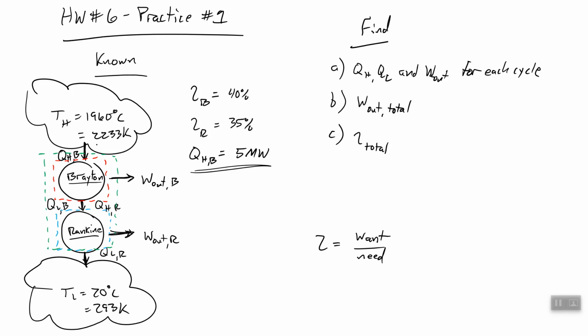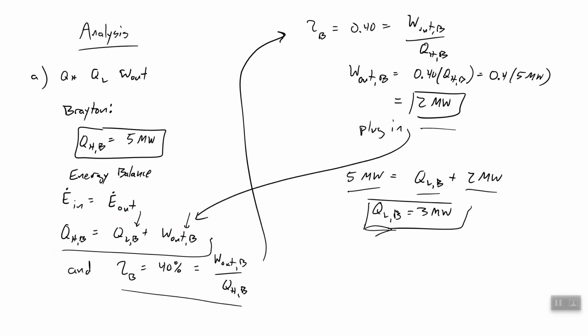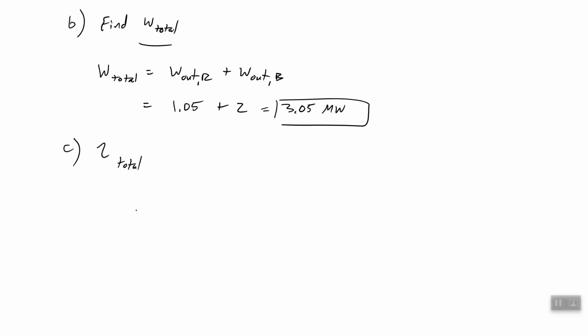Well, what we need to put in is Q. Imagine now, instead of 2 cycles, we just have one big circle, right? We're putting Q in, we're getting work out. But that would be the total work, both of these added together. So our efficiency is just going to be equal to what we want, our total work out, divided by what we have to put in.